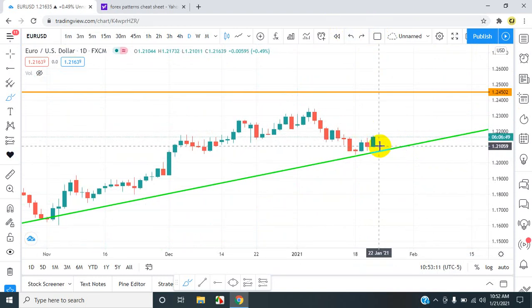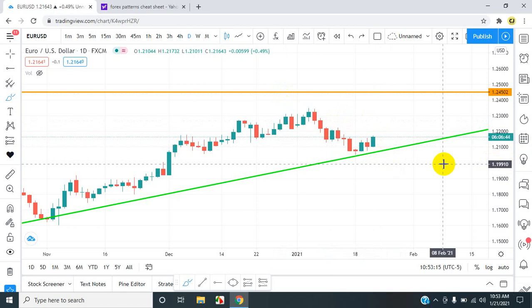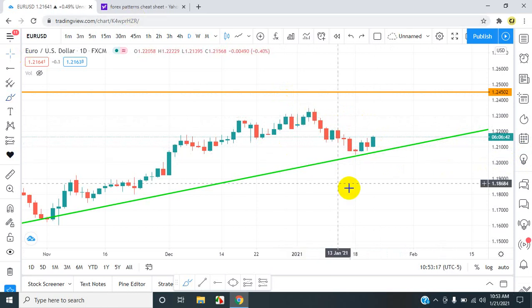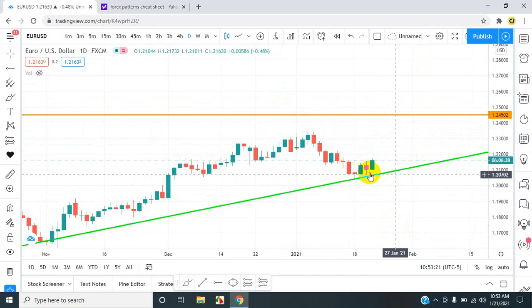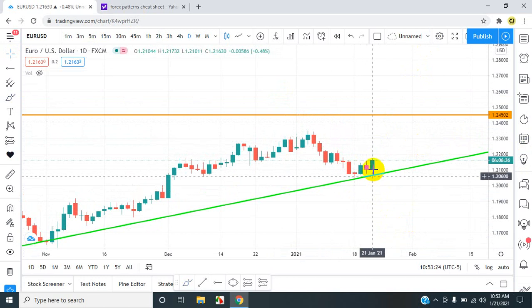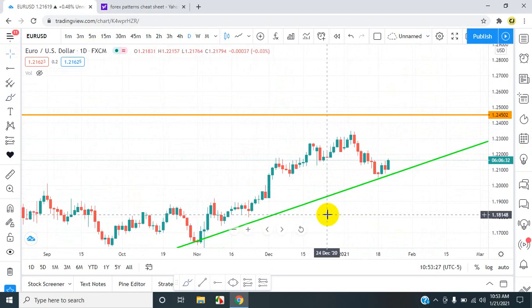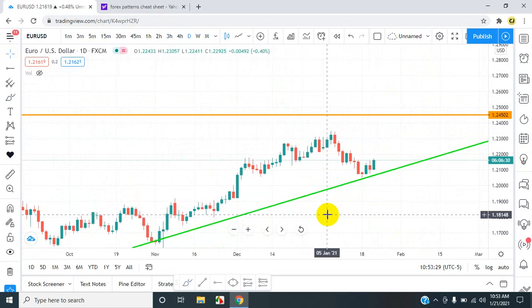Okay, so if we take entry here, if you don't want to wait until it gets to this orange line for the breakup or breakdown, you can take entry here, or you can just wait, depending on your experience. Don't be greedy, just take your time with the market, identify what's going on.